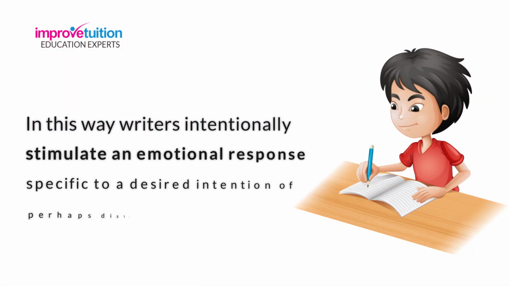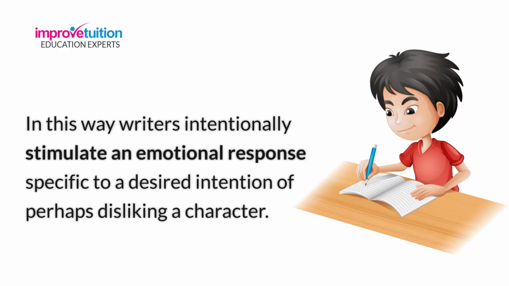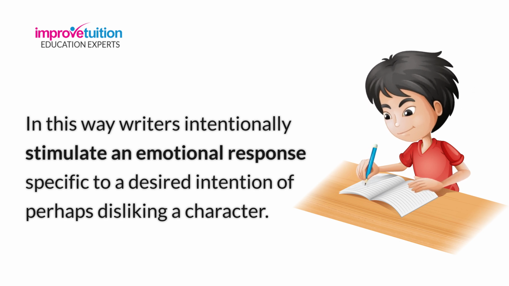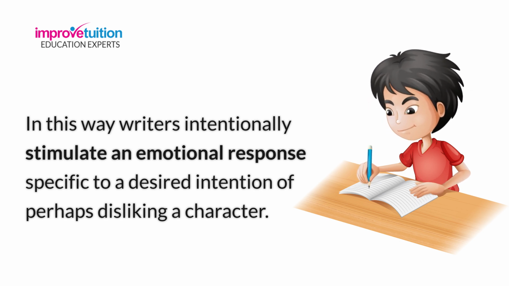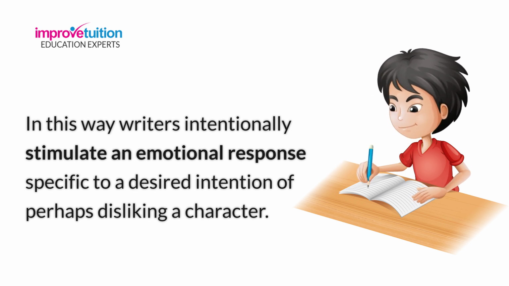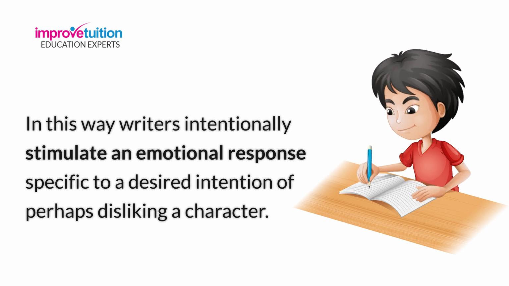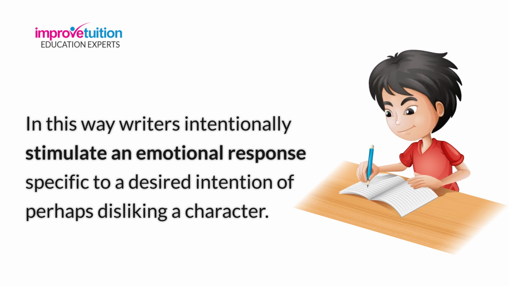In this way, writers intentionally stimulate an emotional response specific to a desired intention of perhaps disliking a character. So writers use emotive language. Writers will use words and phrases. Writers will use characters and associate particular phrases and words so that they create either likability or dislike of a character.